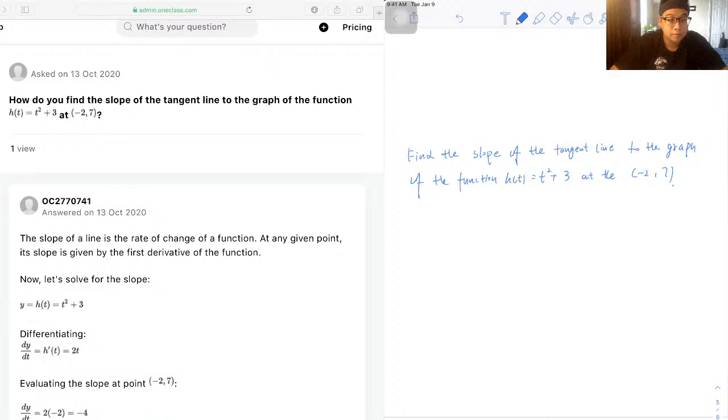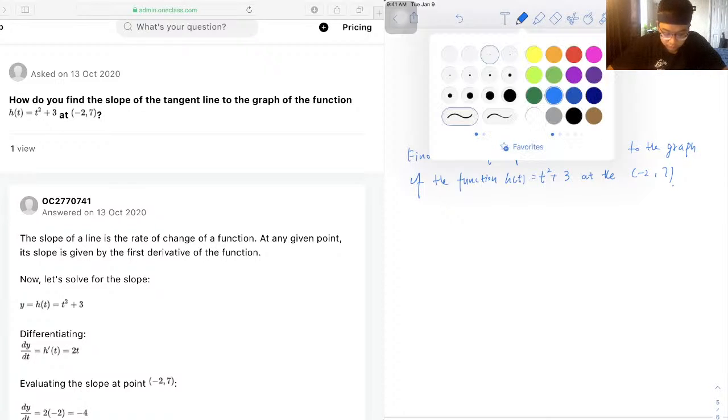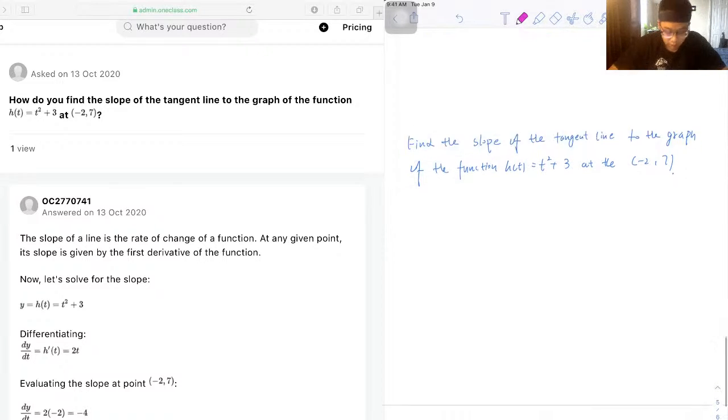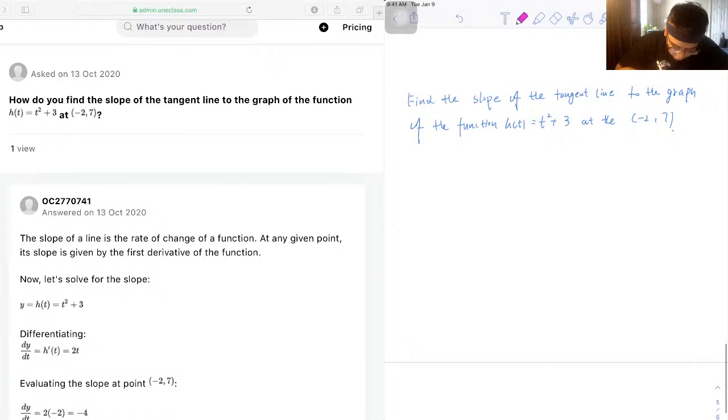Okay. So first, let's define what a slope is. The slope of a line is the rate of change of a function. So let's write down the keyword, rate of change. All right.